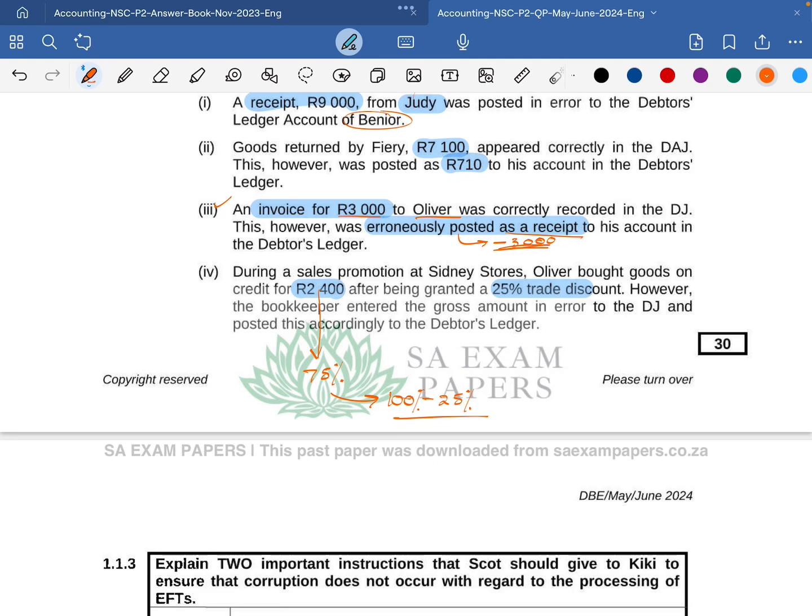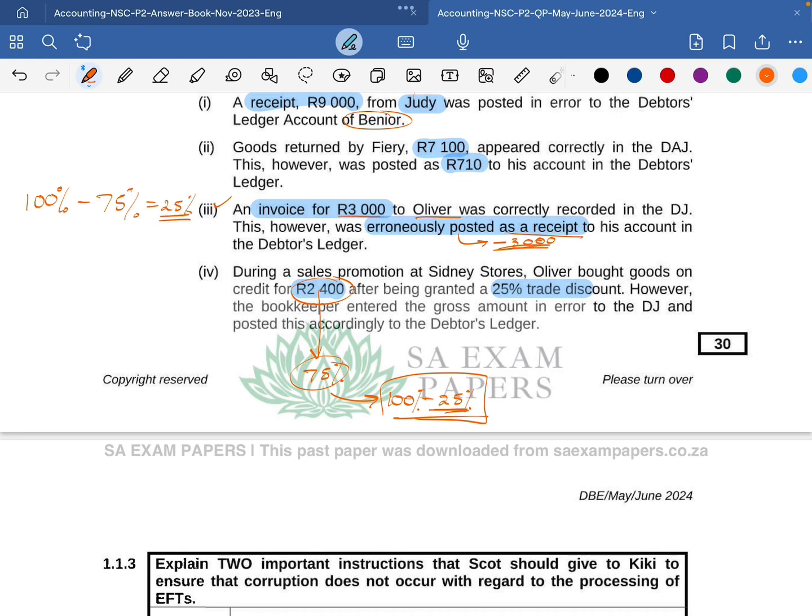Okay, so now what we can simply do is calculate the trade discount that was supposed to be taken away. But first let's determine the 100, so we can say the 100 minus the 75%, which is equal to the 25% that we want to subtract.